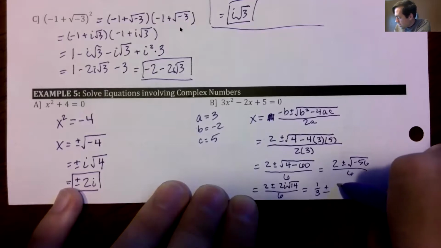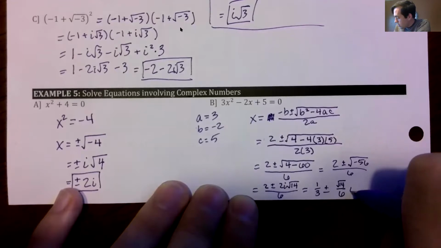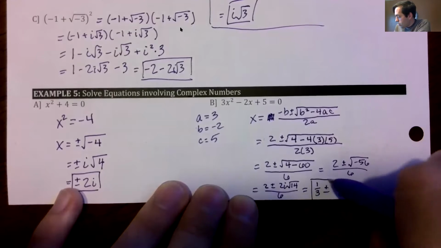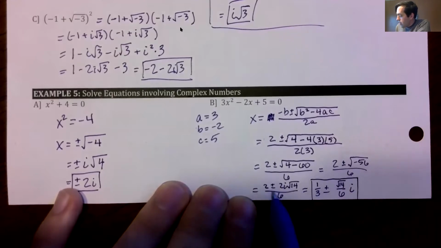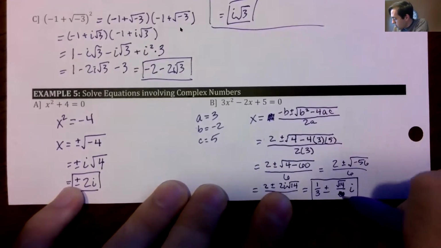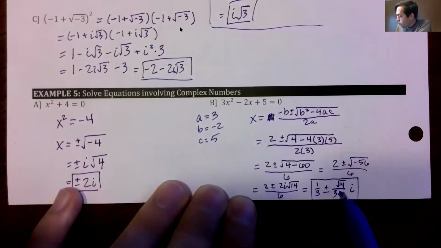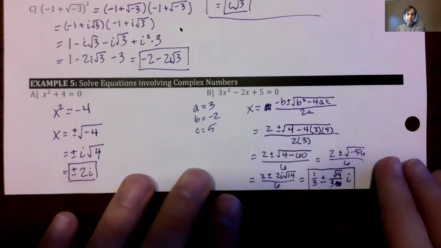So it's going to stay root 14 over 6 i, and you can write the i in front if you want, but that's what we get there. Again, the 2 over 6 becomes 1 over 3, which makes this denominator 3. The root 14 stays up there, and then we have i. Okay, there's our answer for that one.